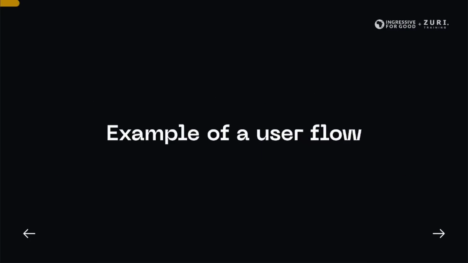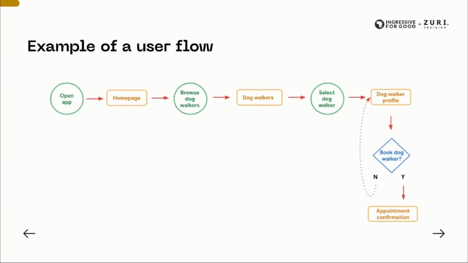Let's take a look at a practical application of them in a potential user flow for our dog walker app. Tada! Here is what a user flow could look like for a dog walker app. At the beginning of the user flow, the first action is represented by a circle.